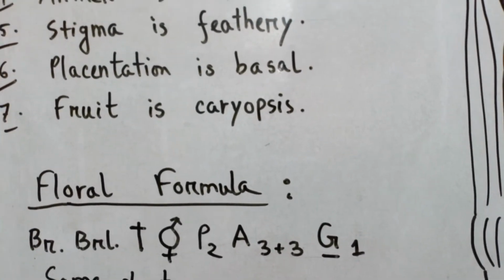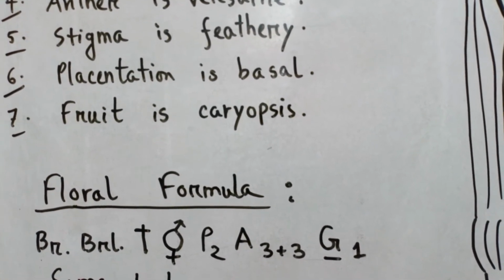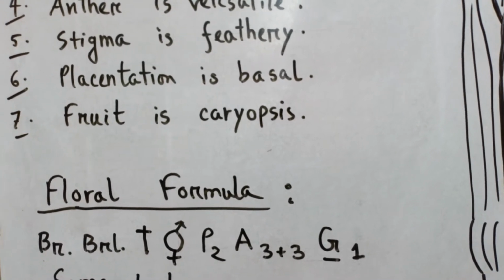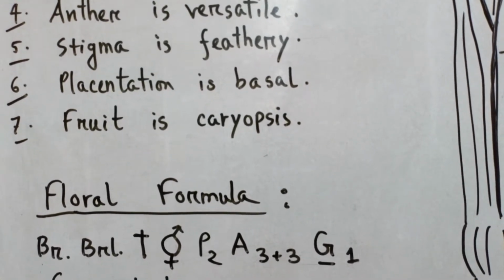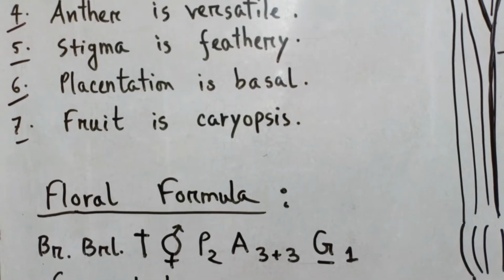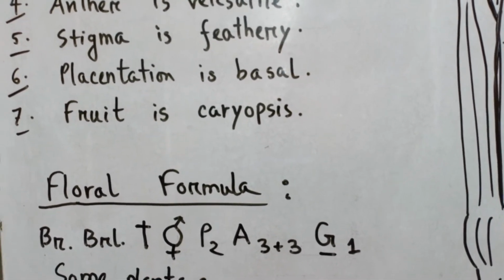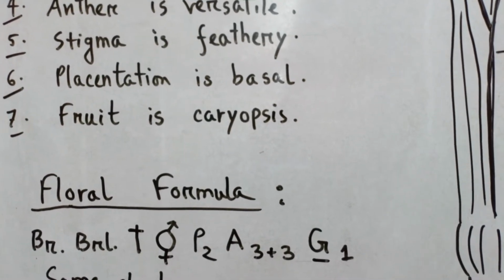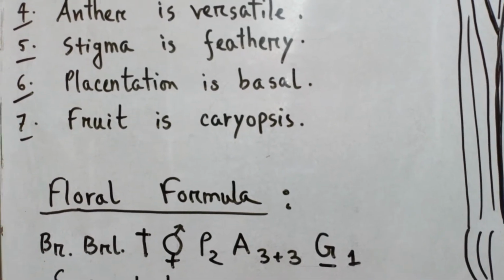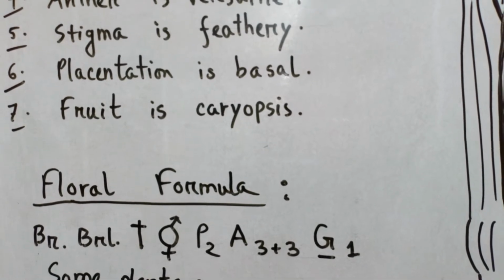You remember about floral formula? I told you before that in the floral formula, some letters and some signs are used to express it. So look at the first thing, BR.